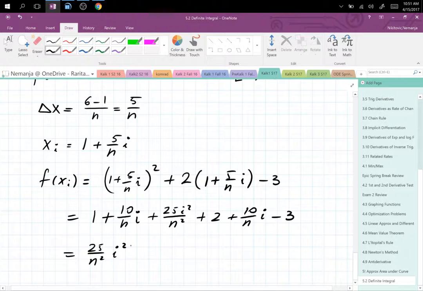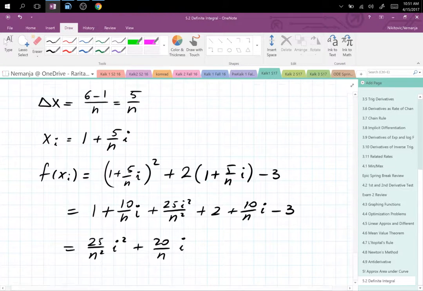We kind of know that this i needs to be on a side, right? Because we will be factoring eventually 25 over n squared. Then 10i, that's a 20 over n i. And then 3 and 3, they all cancel, right? Do they? They do.